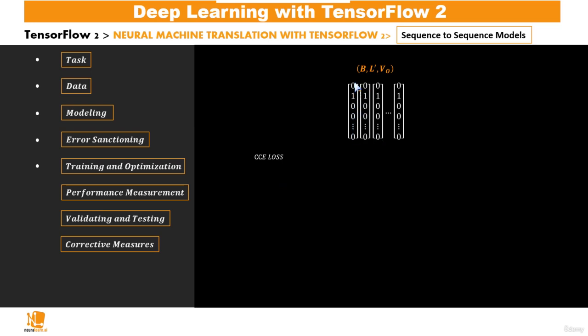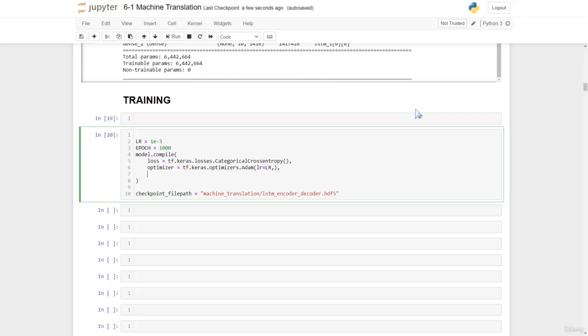So if we pick out, this is one batch, and if we pick out now for each strip in this length L prime, because we have 1, 2, 3 up to L prime different outputs, for each of these we could calculate the categorical cross entropy loss, which is given with this formula. We've seen this already, and then what we simply do is calculate this and then add this up for all the different elements. So all we'll need to do is define our categorical cross entropy loss right here.